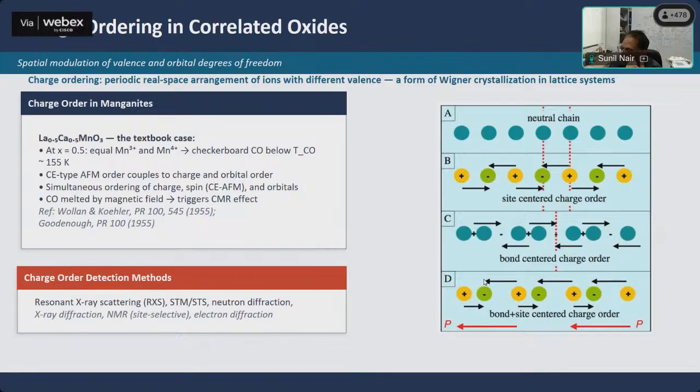So when you have charge ordering in systems like manganites, the local electronic structure basically transforms to something like this. And so you have a combination of what is known as bond plus site centered charge order. And what this does is that it can also give rise to the phenomenon of ferroelectricity. Ferroelectricity is basically just the long range ordering of electrical dipoles within a solid. Now, if you look at these green and yellow units put together, this is an electrical dipole.